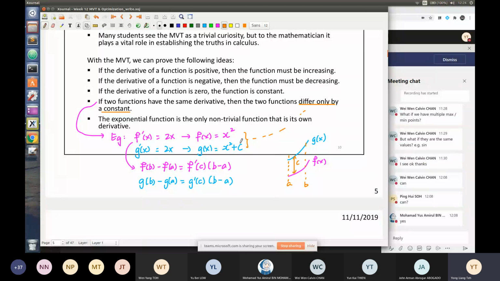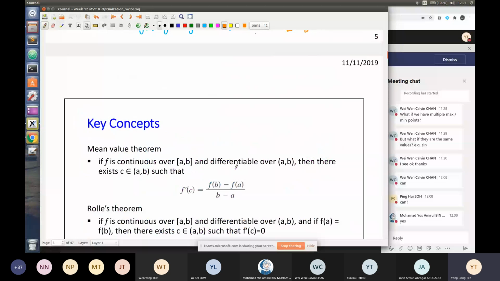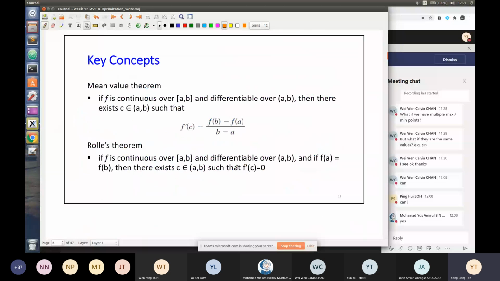That's the whole idea of using the MVT to show that functions with the same f prime values just differ by some constant. You can go through the key concepts yourself.